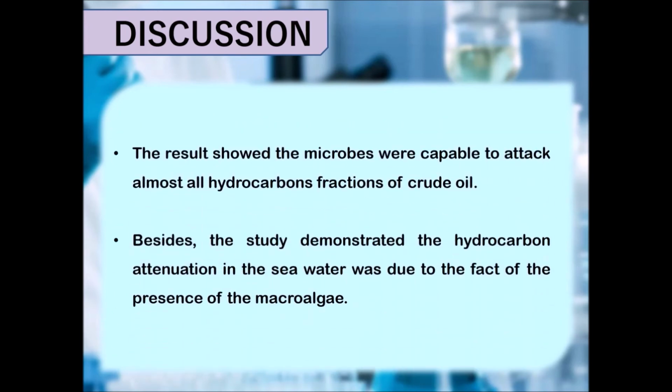Based on the result, it showed that the microbes were capable of attacking almost all hydrocarbon fractions of crude oil. Besides, the study demonstrated that the hydrocarbon attenuation in the seawater was due to the presence of the macroalgae.